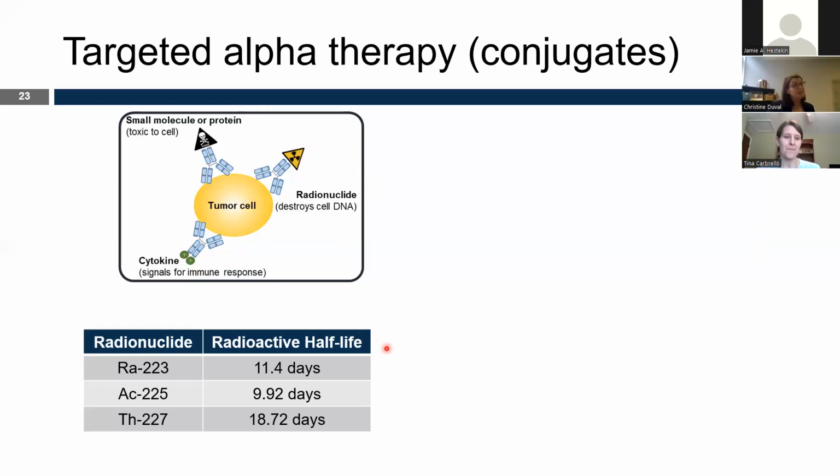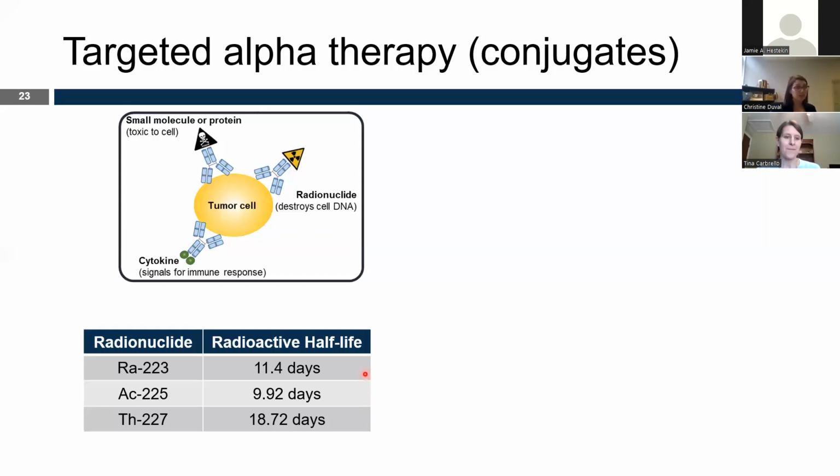So some of the most famous ones, the very popular ones right now. So we've mentioned, right, radium-223, which is not conjugated, but just naturally goes to the bone. Other ones that are interesting are these alpha-emitting actinium-225 and thorium-227. So they have similar half-lives to that radium-223, right?